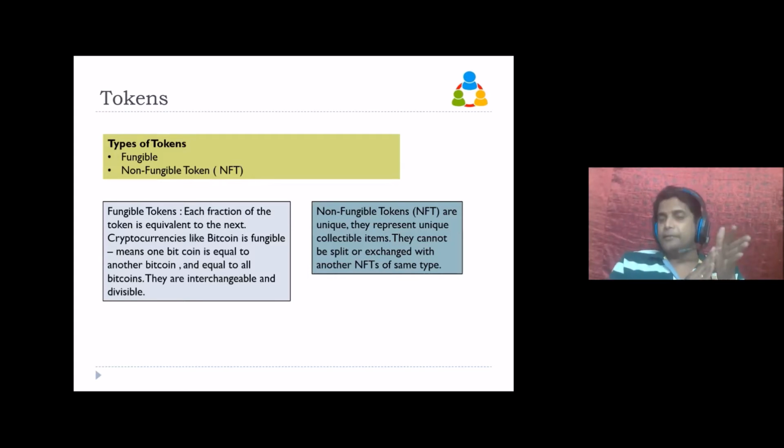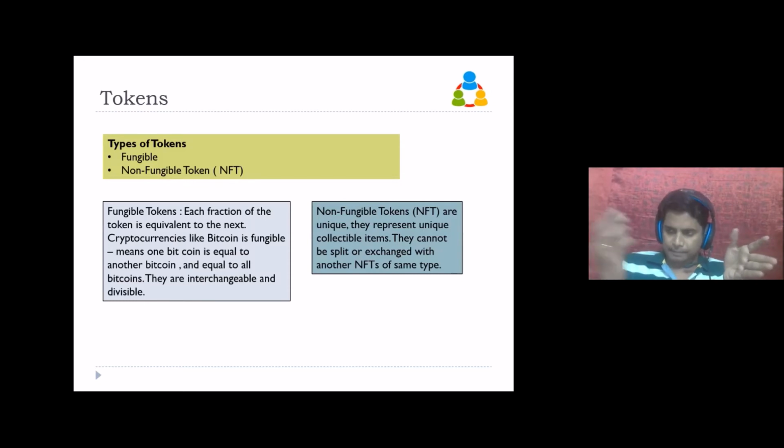Non-fungible tokens are unique. They represent a unique collectible item. It can be art, music, a video, or any media. They cannot be split or exchanged with another NFT of the same type, because a non-fungible token, once created, will have one value.